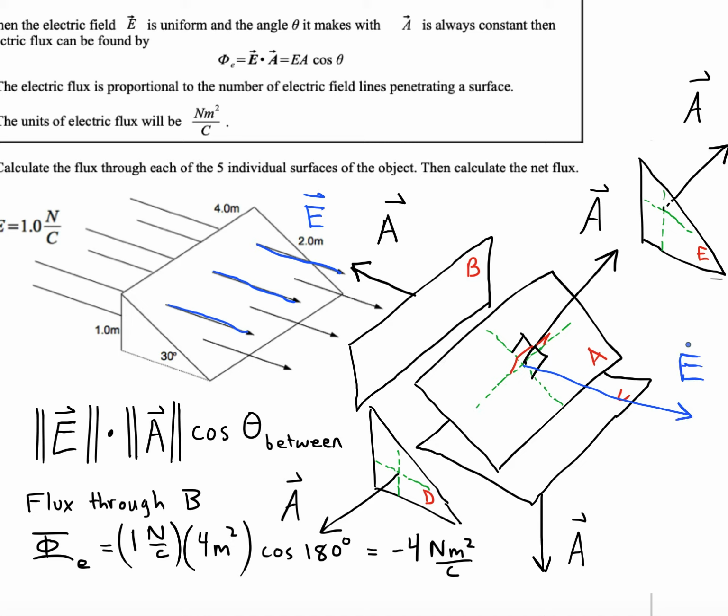And what makes this tough is we have to find out what the angle is between the field and the area vector. We can do it with a little bit of trig. It says here that this angle is 30 degrees. So the angle that A makes with E will actually be 60 degrees.